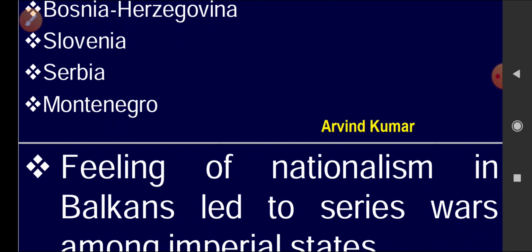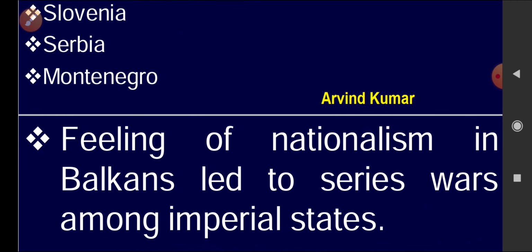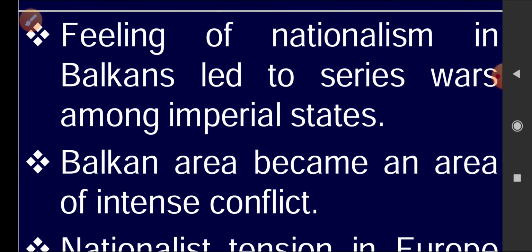In the 19th century, feelings of nationalism, liberty, equality and fraternity, love for the nation and independence arose among the people of these Balkan areas. They started protesting against these colonial, imperialistic powers.